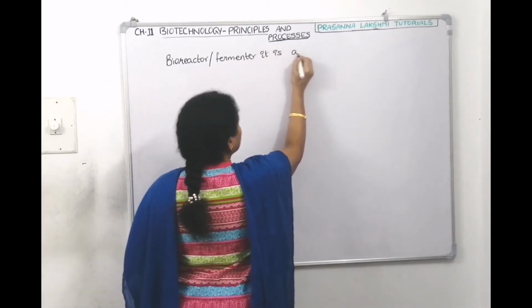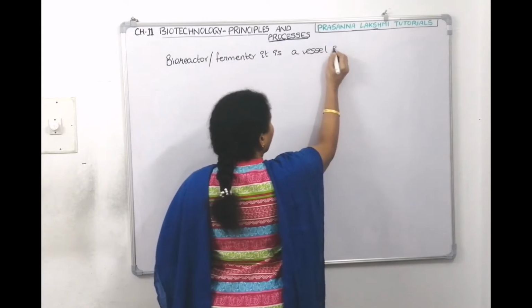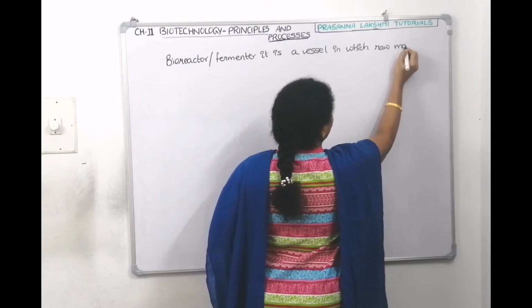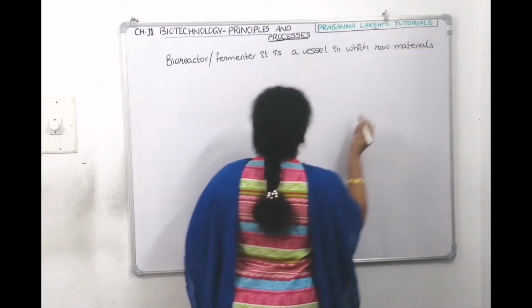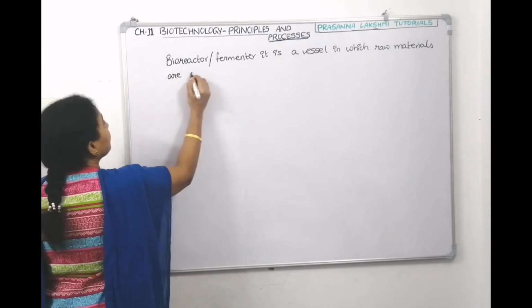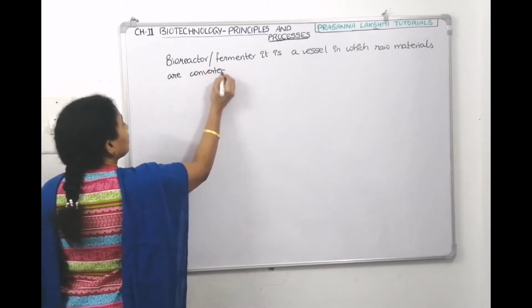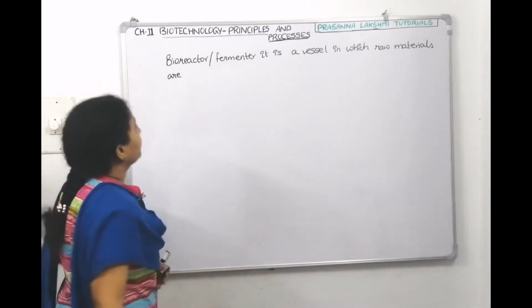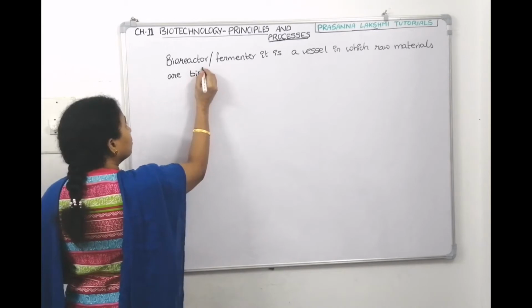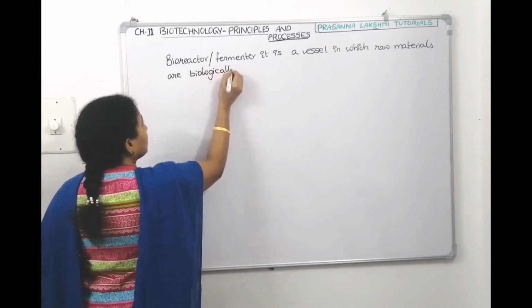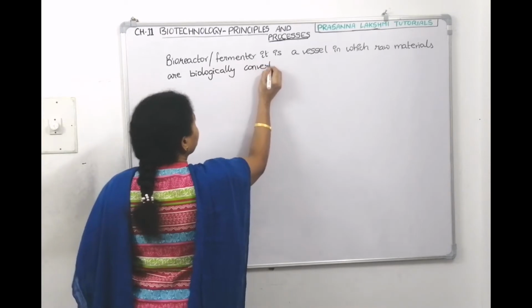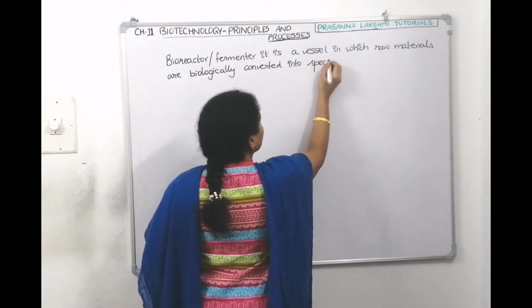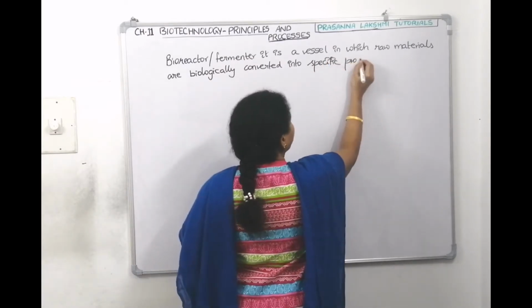It is a vessel in which raw materials, whatever we add, are converted, right? We can write they are biologically converted because microorganisms are converting them, into specific proteins, right? Or specific products.